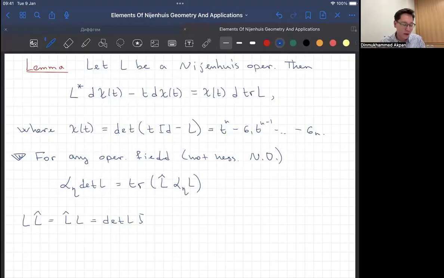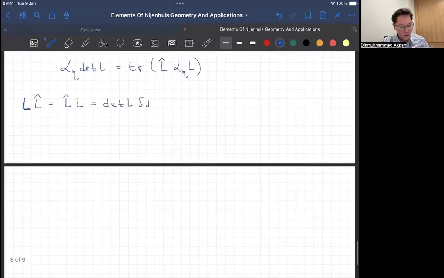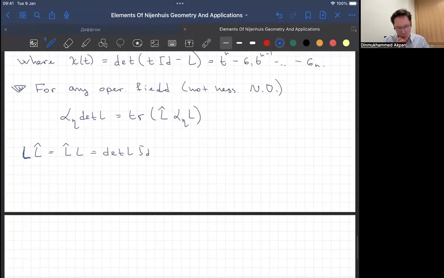If you multiply it by your matrix L, you don't get the identity, you get the determinant. So if you divide this comatrix by the determinant of the operator, you get the inverse matrix. This formula is also easy to prove.